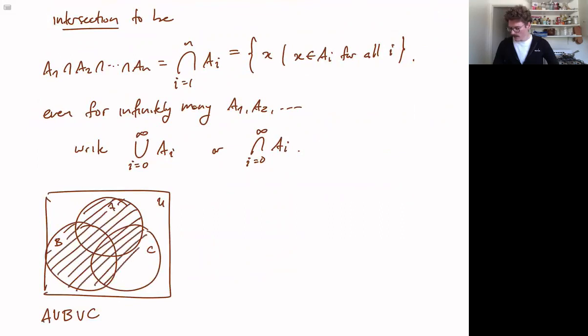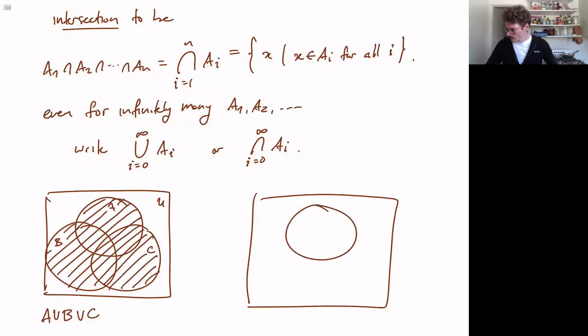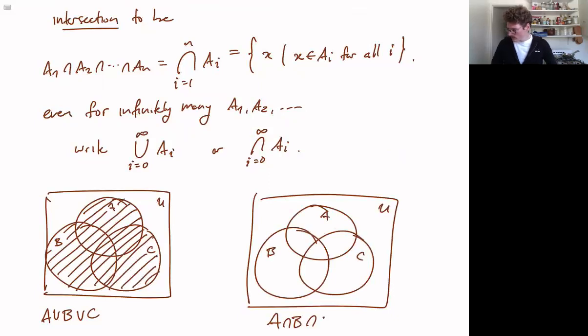Everything that's covered by any one of these circles. There we go, that's the union. And then the intersection is going to be the place where all three of them overlap. So it doesn't include places where two but not three of them overlap, of course. It's only this area where all three of them are.